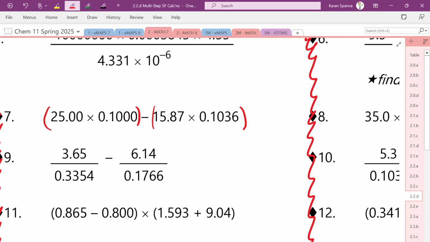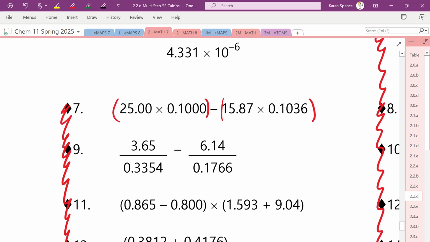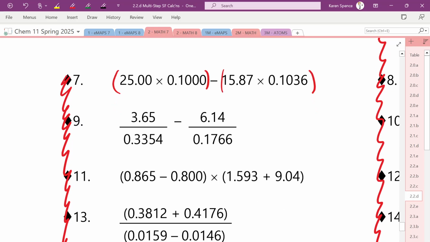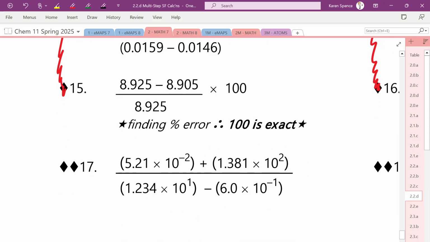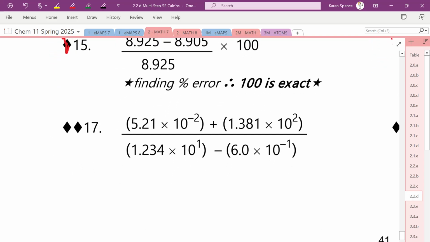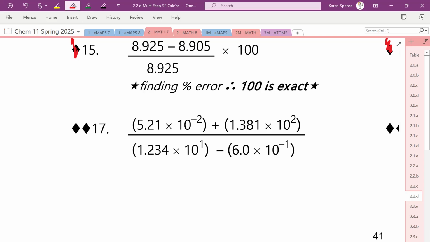All right. So no questions. How about you do number 17? Just for fun. Number 17. We're going to get rid of those diamonds now.